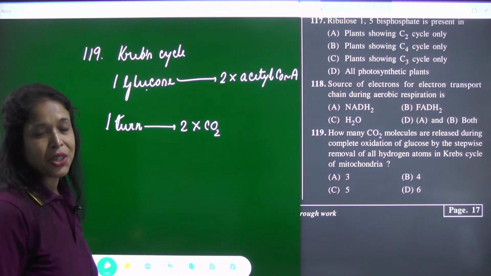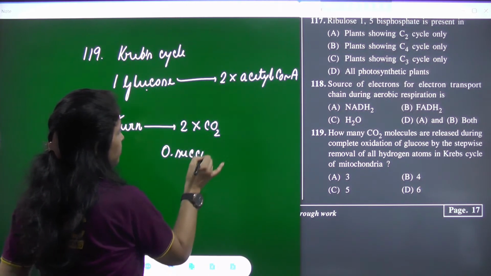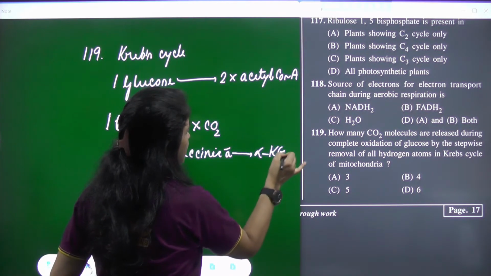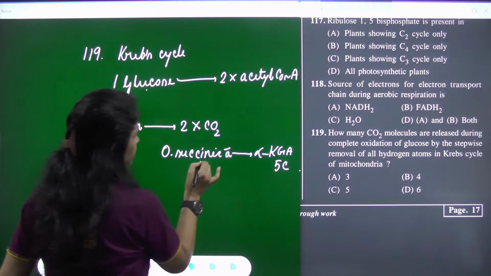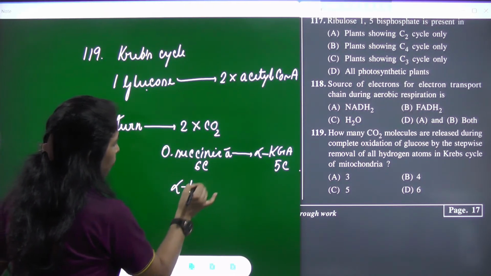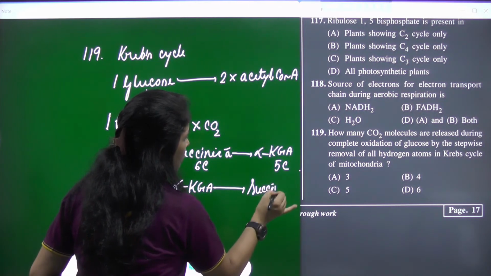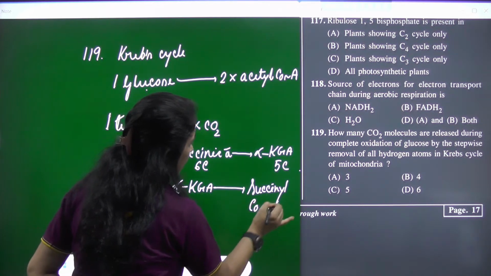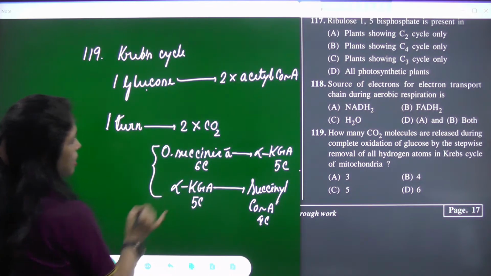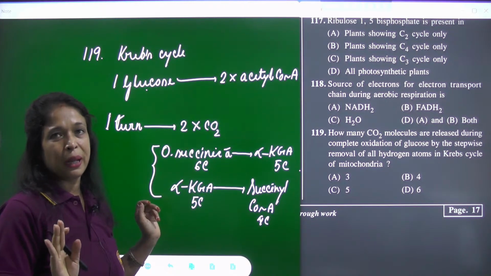Decarboxylation reactions will occur, that is conversion of oxalosuccinic acid into alpha ketoglutaric acid. This is one decarboxylation. Again, alpha ketoglutaric acid is oxidatively decarboxylated to form succinyl coenzyme A. So, these are the 2 consecutive decarboxylation reactions that occur in each turn of Krebs cycle.